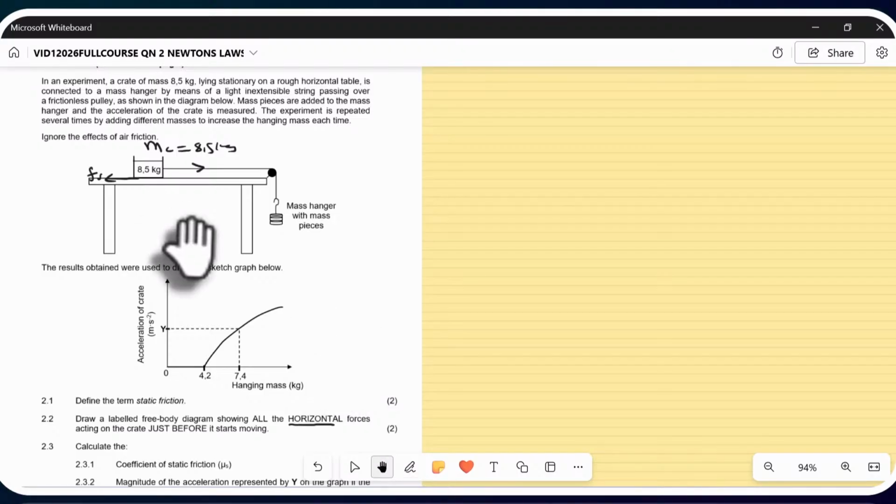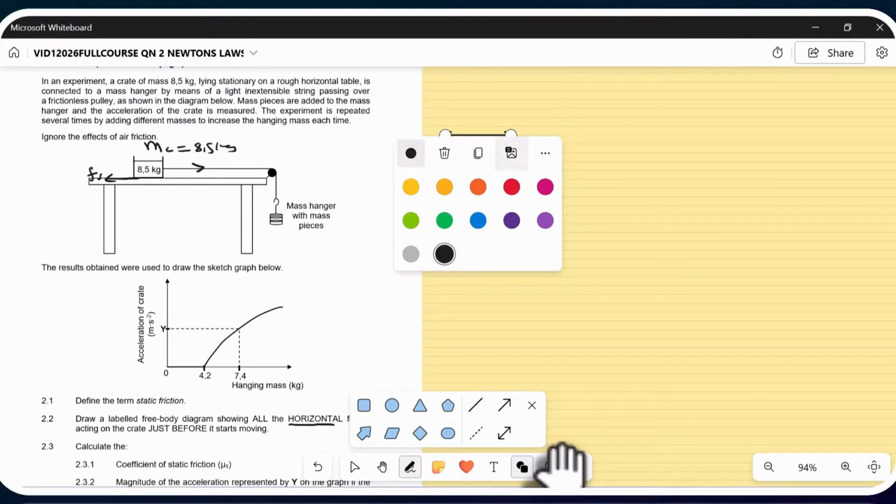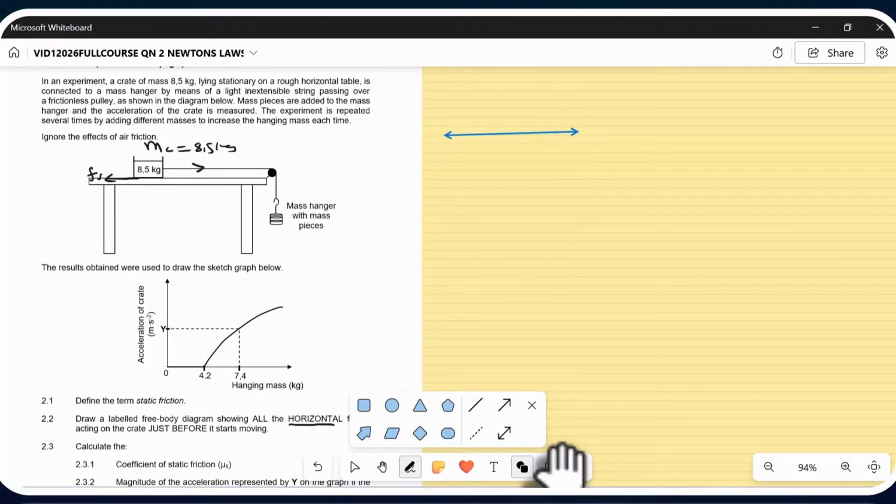We simply have our diagram like this now. So we have this one pulling this way, opposed by friction, and that is question 2.2.